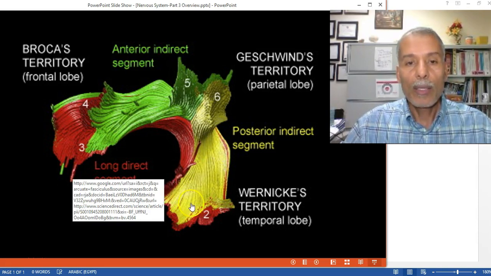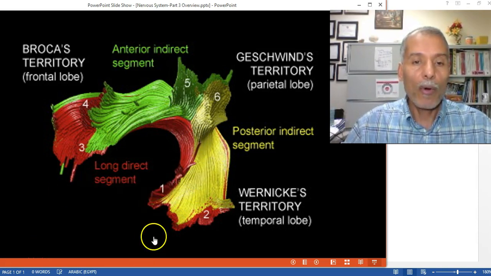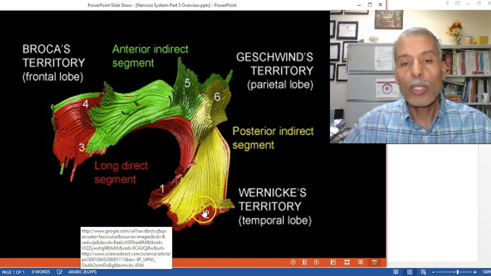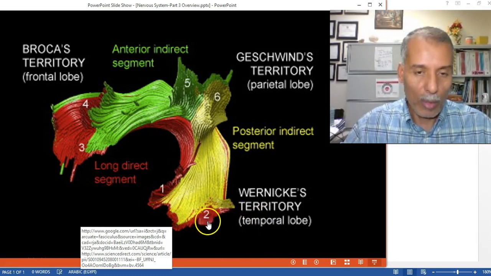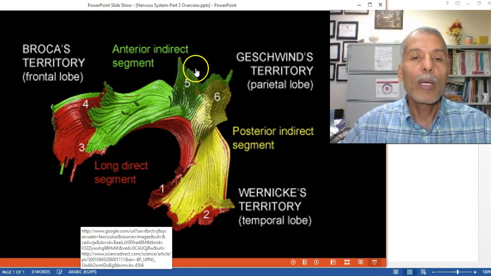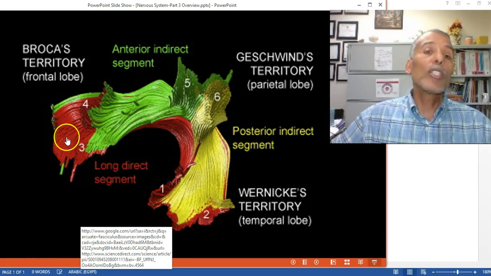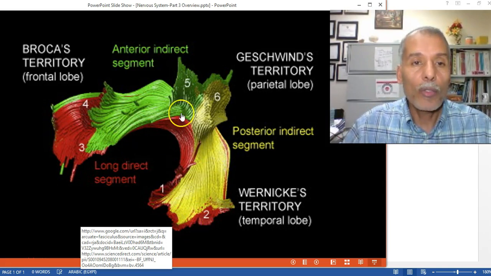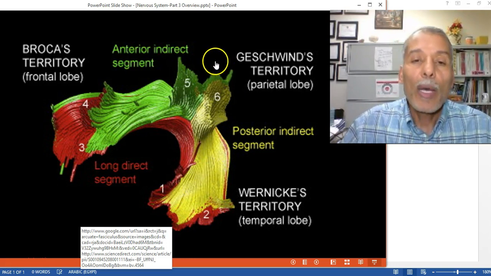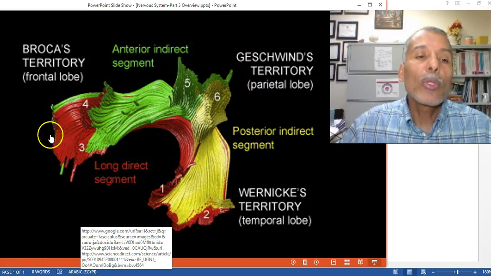So here's the description or a map of the arcuate fasciculus. You can see it's like an arch. This is where it would connect with the territory of Broca, Wernicke's and the temporal cortex. This is where it connects with the parietal area, the angular gyrus, and this is where it connects with Broca's. So in effect, when you say the arcuate fasciculus, it really connects the temporal lobe with the parietal lobe and with the frontal lobe.